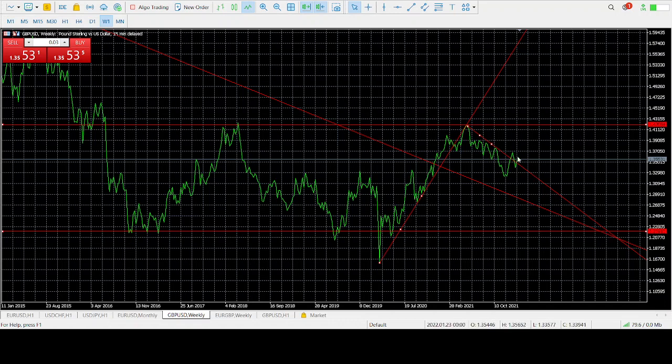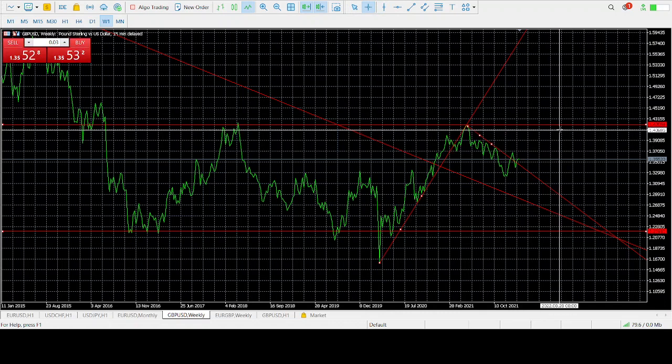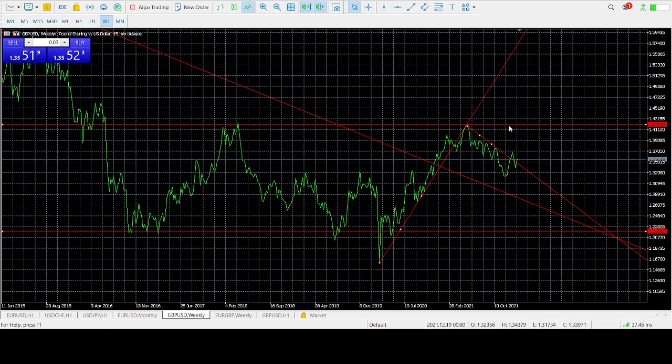So we don't have any clear signs of where the price is going on this time frame either. But on the monthly, we see clearly some good entry positions. First entry position would be here, like this.